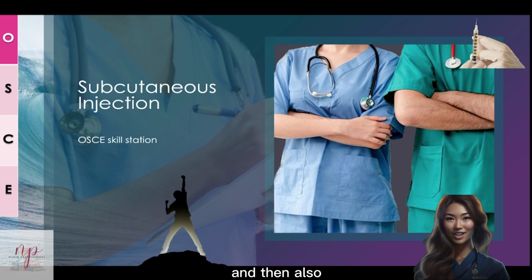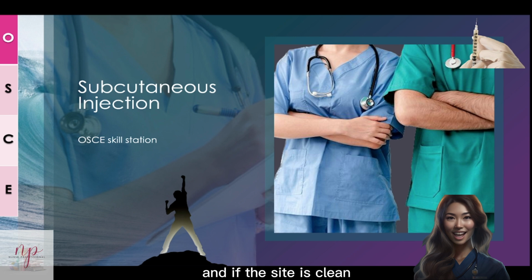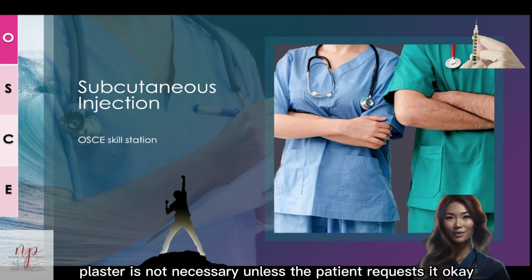And then also, you do not need to do the site preparation using the alcohol swab if the patient is not immunocompromised and if the site is clean. So remember all this. And also, after the injection, plaster is not necessary unless the patient requests it. Okay?